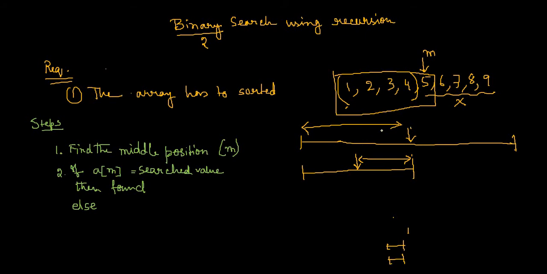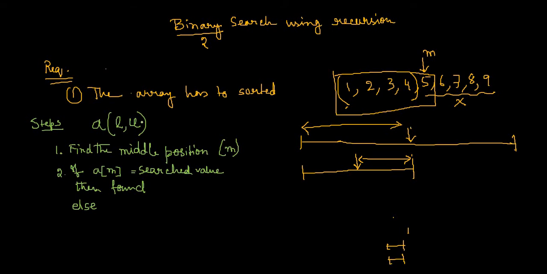Now see, I told you that I started from a situation something like A of L comma U, where L is the minimum index where the first data is present, and U is the maximum index where the last data is present.